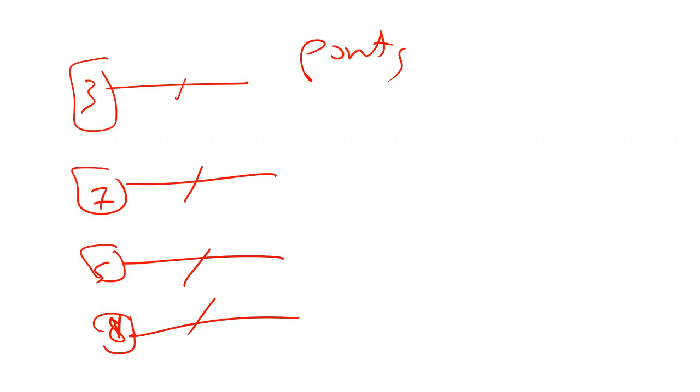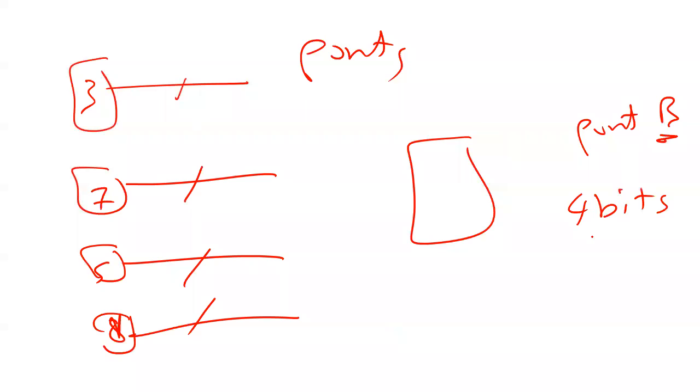The good thing about what we did right now is that instead of using 4 ports, I used only 1 port, which is port B. Also, I used 4 bits for enable, so a total of 12 bits.